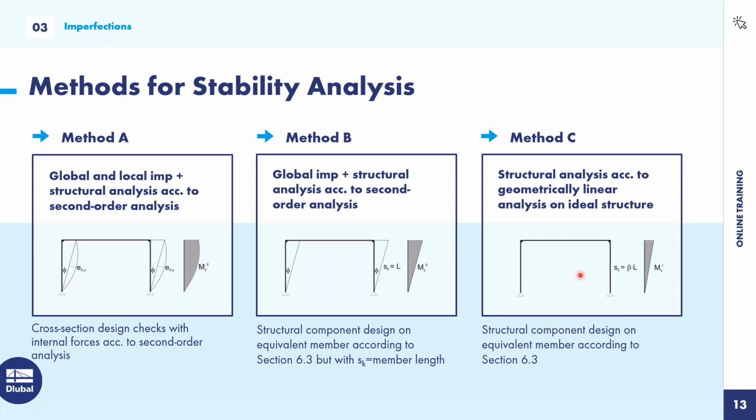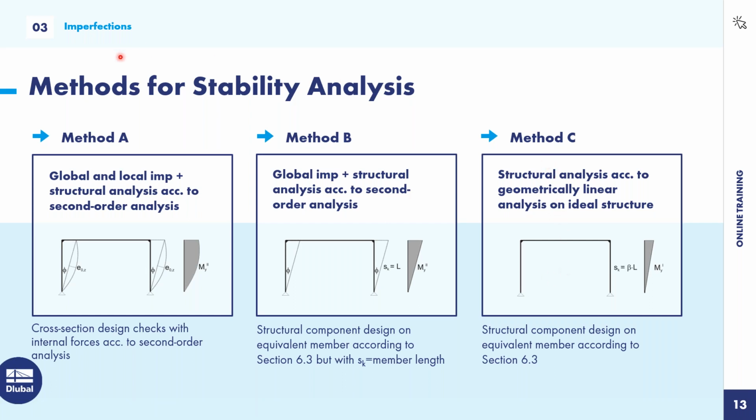But we have to calculate the equivalent member length, and this is something we can do for easy structures with the help of some tables and some books, or we can also consider this with the help of our add-on Structural Stability.